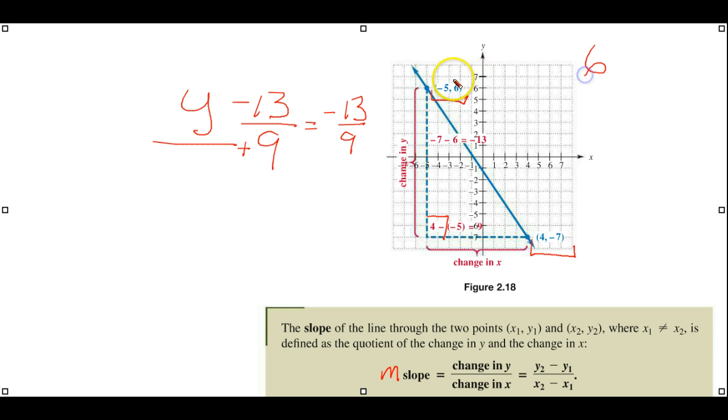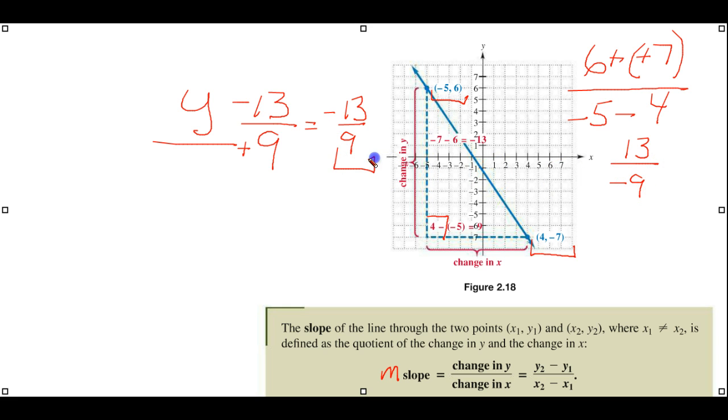So this would be 6 minus a minus 7, and then this would be a negative 5 here, minus, in the formula, a 4. So these two negatives become a positive, and this is a negative 9. So here we get a positive 13 over a negative 9.